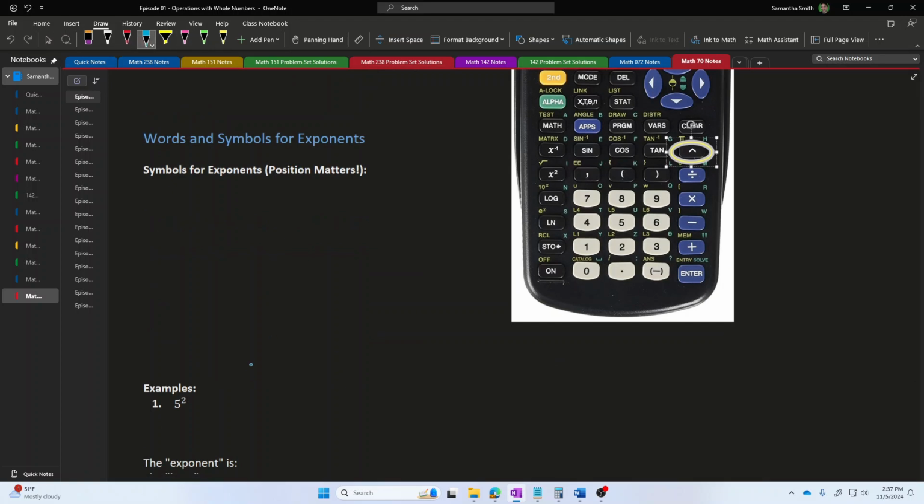The first main symbol that's used to represent exponents is to write your two numbers so that one of them is small and it's positioned on the upper right corner of the other number.